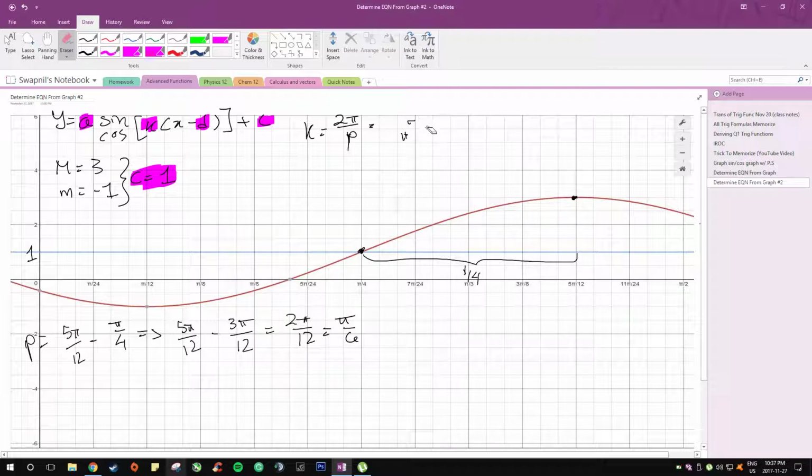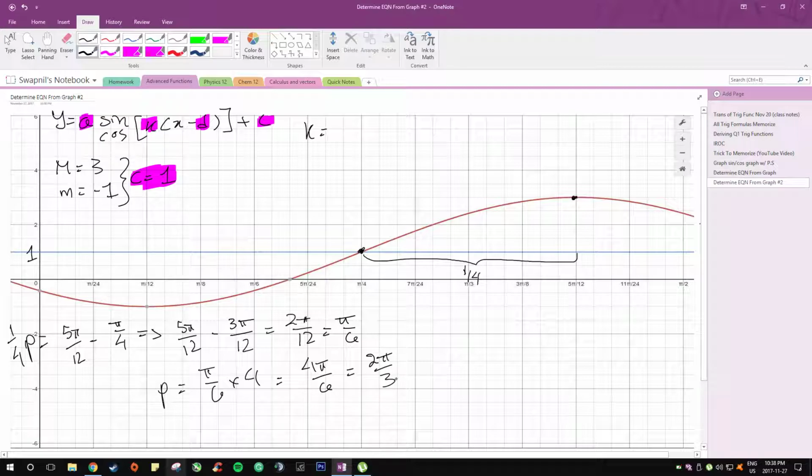We forgot that this right here is not the period. This is 1/4 the period. So then the period is this times 4, which is 4 pi over 6, which is 2 pi over 3.